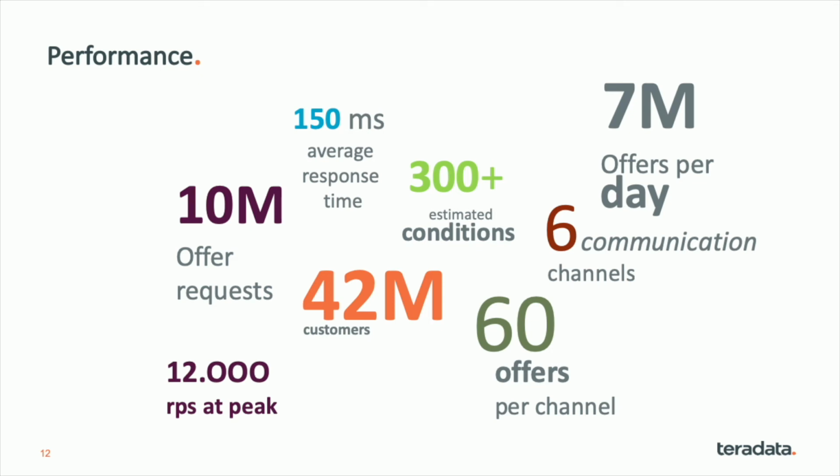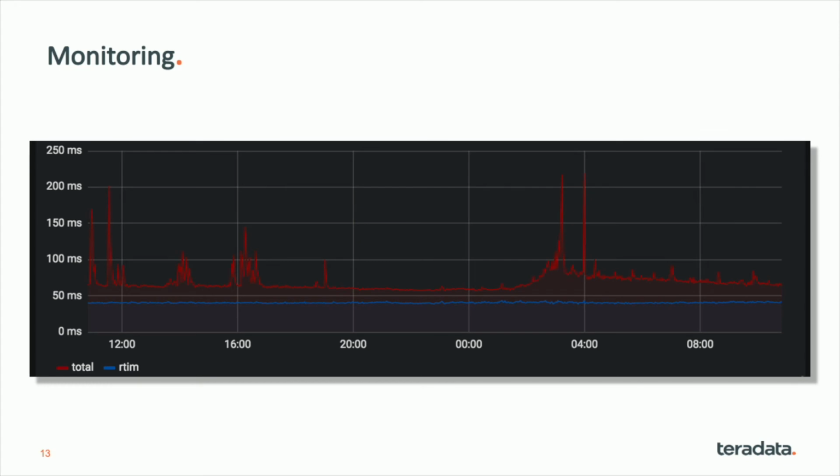At peak, we have 12,000 requests per second. Also, we made an in-house monitoring tool for our solution based on Grafana. You can see that around 50 milliseconds are needed for our team for offer selection, and an additional 100 milliseconds are needed for Ignite for storing information and enrichment.